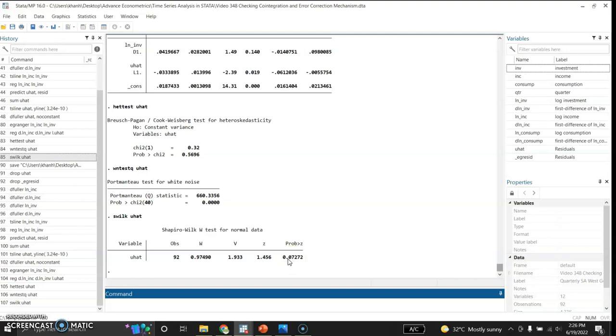So this is how we check for cointegration, and then estimate the error correction model, and finally we interpret the results.